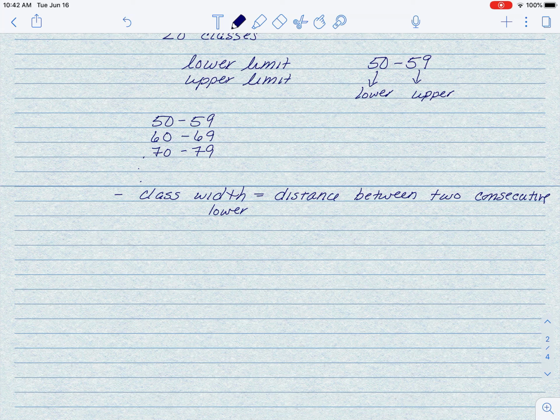For example, 50 and 60 are the lower limits of two consecutive classes, 50 to 59 and 60 to 69. Consecutive means one comes right after the other. The two lower limits are 50 and 60, so the class width would be 60 minus 50, or 10 in this case. It's not the distance between the upper and lower limit of one class, it's the distance between the two lower limits of consecutive classes.